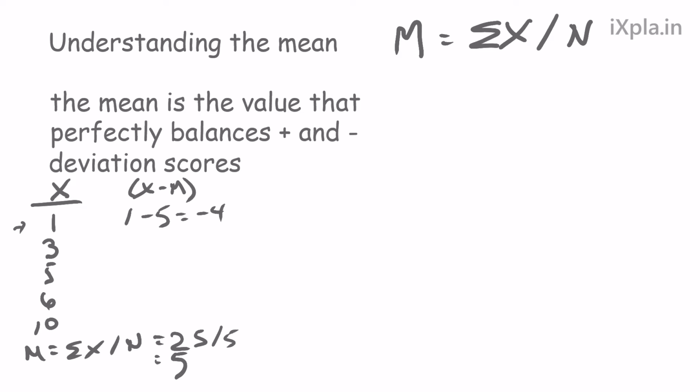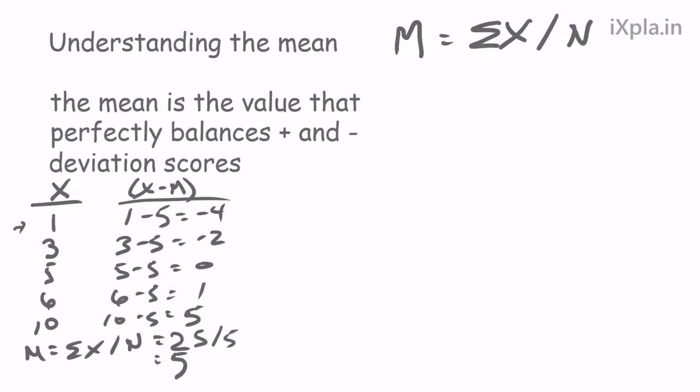So 1's deviation score is -4. 3 minus 5 is equal to -2. 5 minus 5 is equal to 0. 6 minus 5 is equal to 1. And 10 minus 5 is equal to 5.